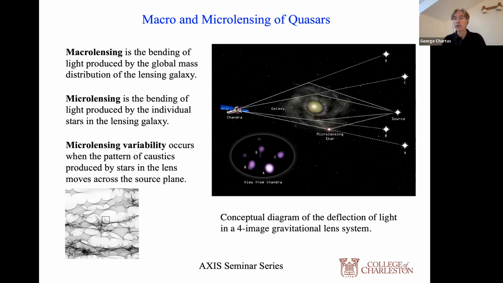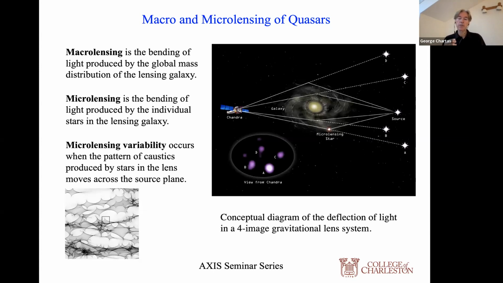You get a magnification that can go from a few to 100. So microlensing, though, is the bending of light produced by individual stars in the galaxy. So microlensing does result in splitting of images by a tiny amount, like micro arc seconds. That's why it's called microlensing, but it's different for every image.